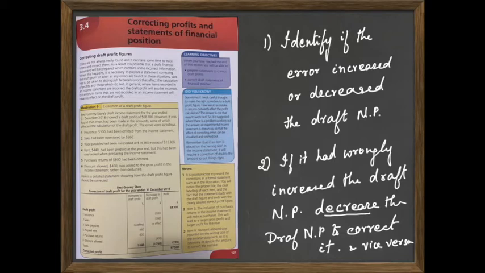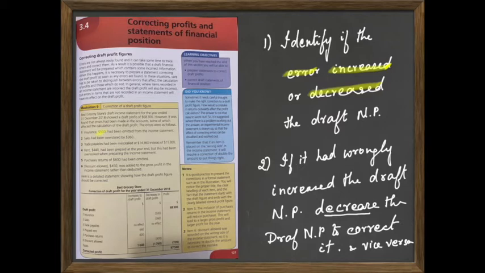When you look at a mistake, the very first thing which you need to do is you have to identify whether this mistake has increased or decreased the draft net profit. Let's look at an example. Here it says, the first error, insurance of $500 has been omitted from the income statement.